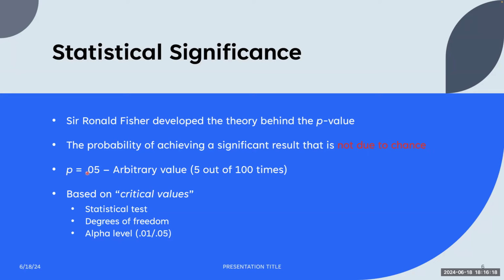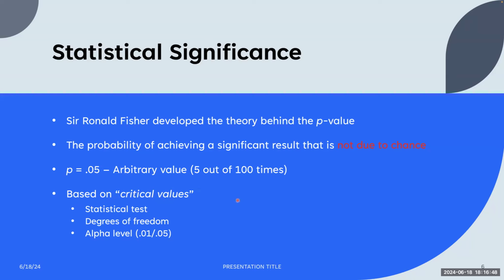But now, what is this p-value? When we look at SPSS output, the p-value for the statistical test is the first thing you look for to see that you get a significant result. Where does that number come from? It's based on something called critical values, and I'm going to talk about that, and it will make sense when you see it.